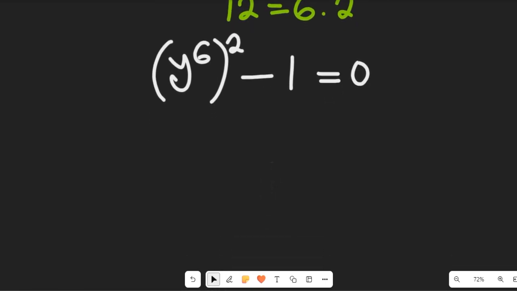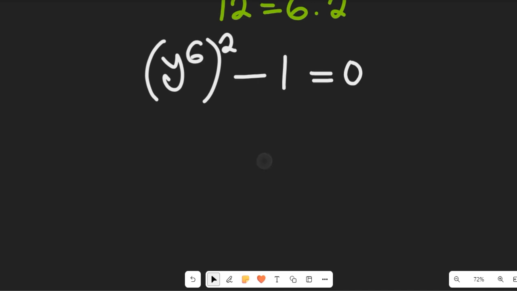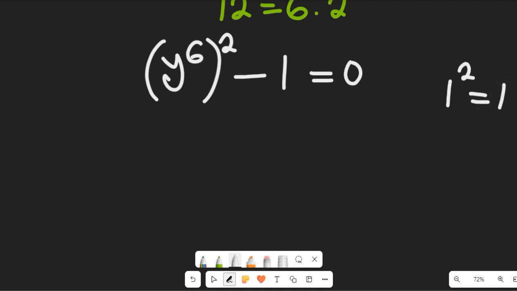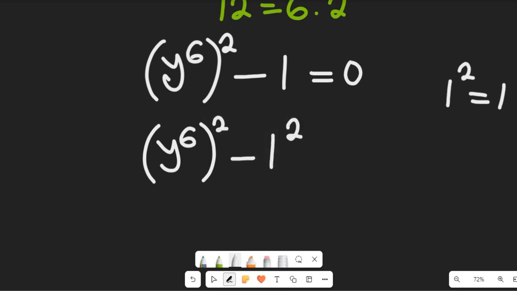Now from this expression, you can see that I can make both a perfect square because 1 squared is still equal to 1. So that expression can simply give me y to the power of 6, all squared, minus 1 squared, and this will be equal to 0.